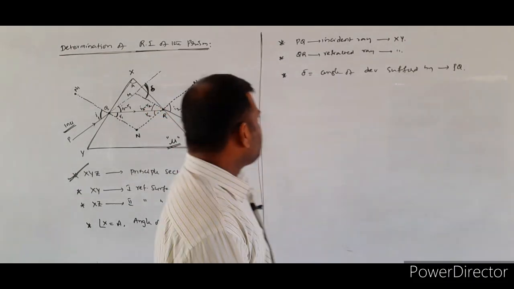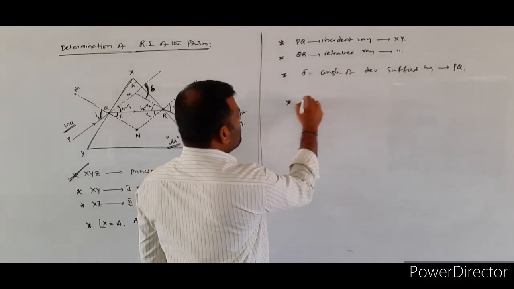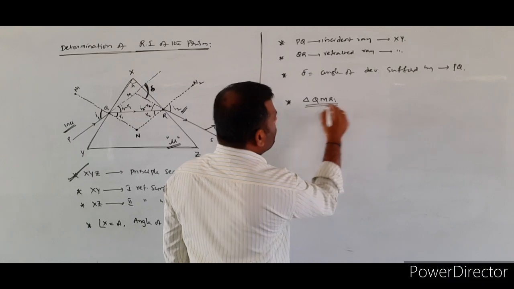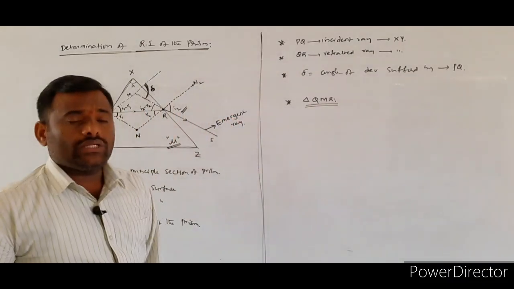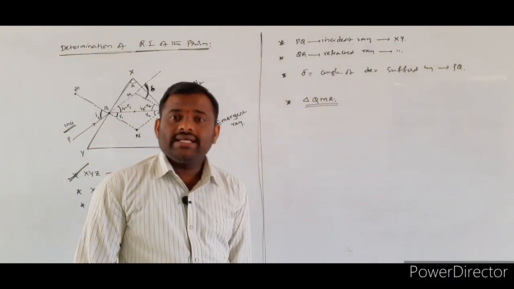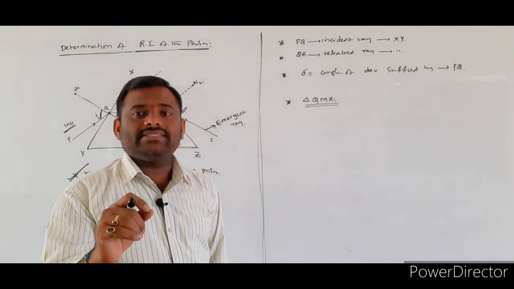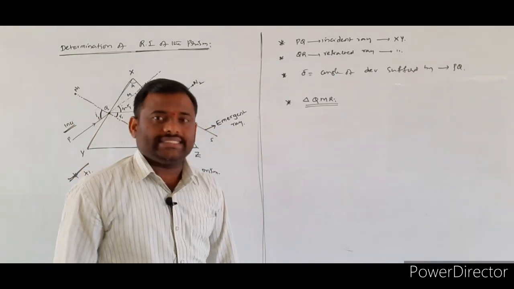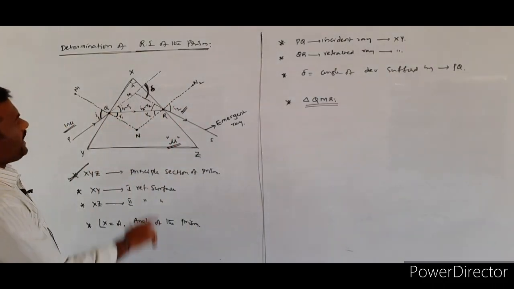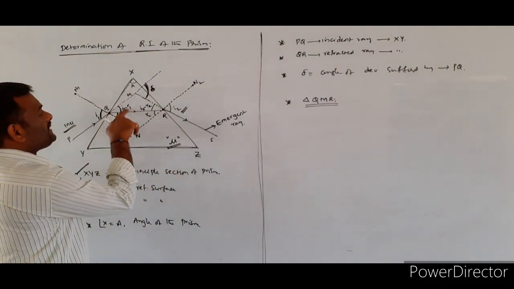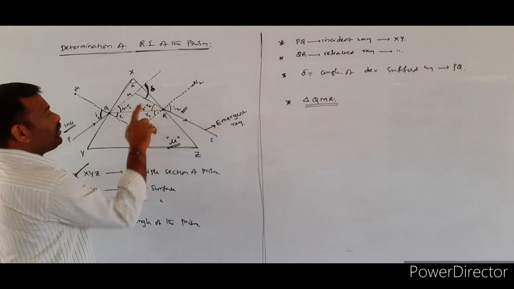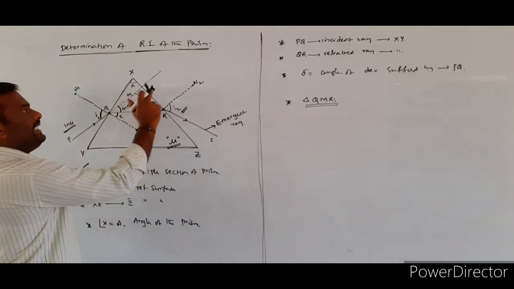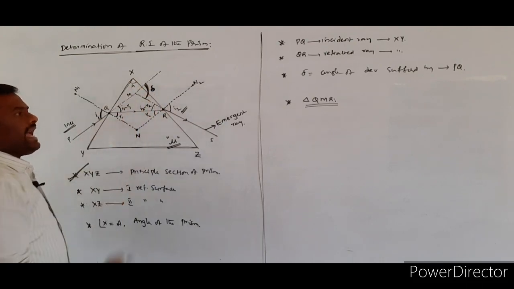Now I consider the triangle QMR. According to the rules of triangles, the sum of the interior angles is equal to the exterior angle. If you look at the diagram, I1 minus R1 and I2 minus R2 are the two interior angles of the triangle QMR, and delta is the exterior angle.